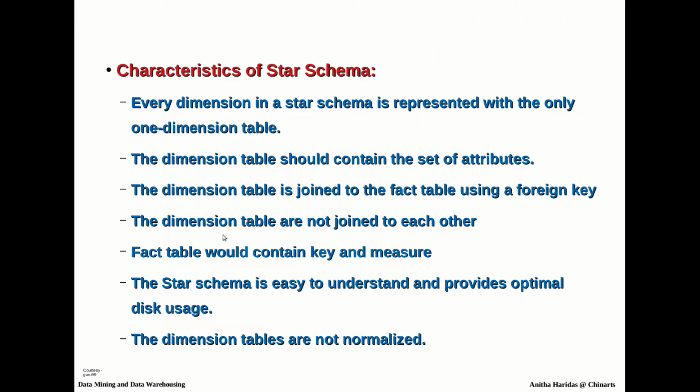Then the dimension tables are not joined to each other, they are separate tables, and the fact table contains the foreign keys and the measures, that also we have seen. The star schema is easy to understand and it provides optimal disk usage also. The dimension tables are not normalized here.